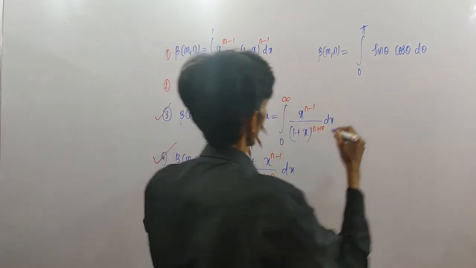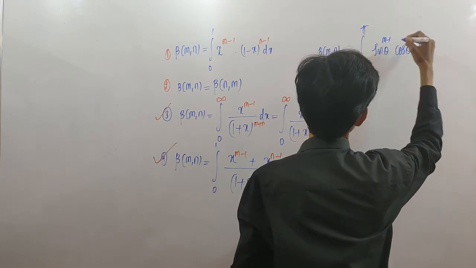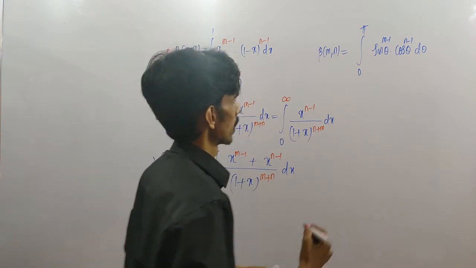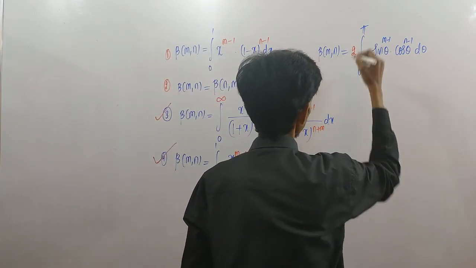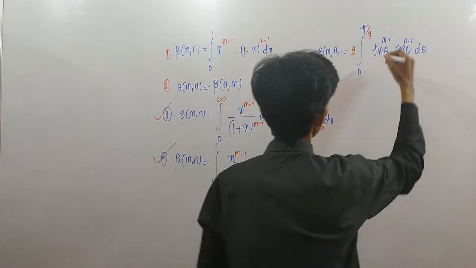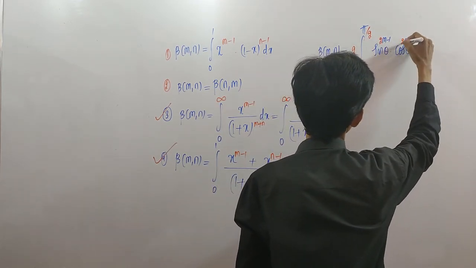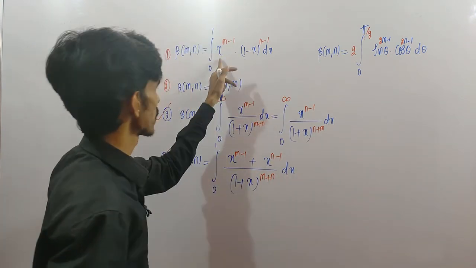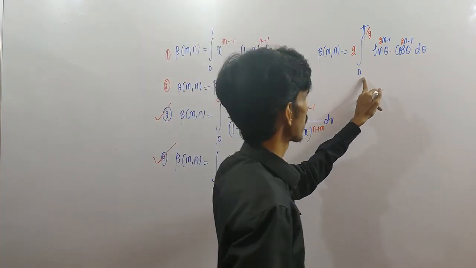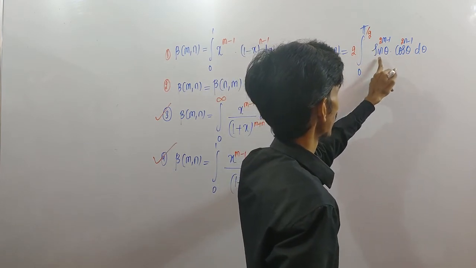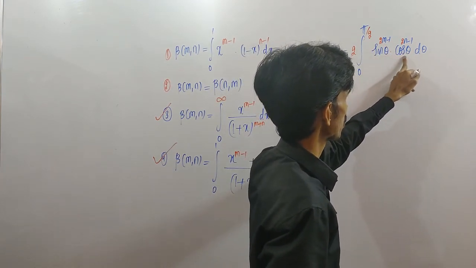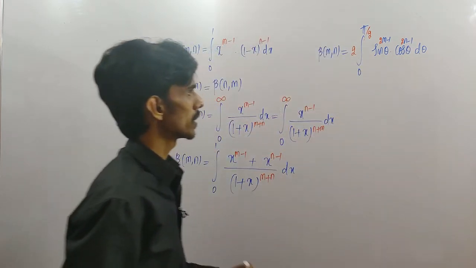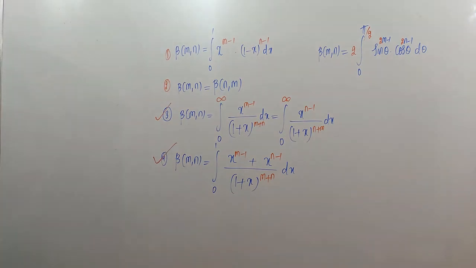Here we have m minus 1, m minus 1, n minus 1. Now here we will have twice and this will become pi by 2. Here it will become 2m and 2n. So beta of m comma n, apart from this x, we can also express in terms of 0 to pi by 2, sine power 2m minus 1 theta into cos power 2n minus 1 theta d theta into 2. So these are the various ways of expressing beta m comma n.